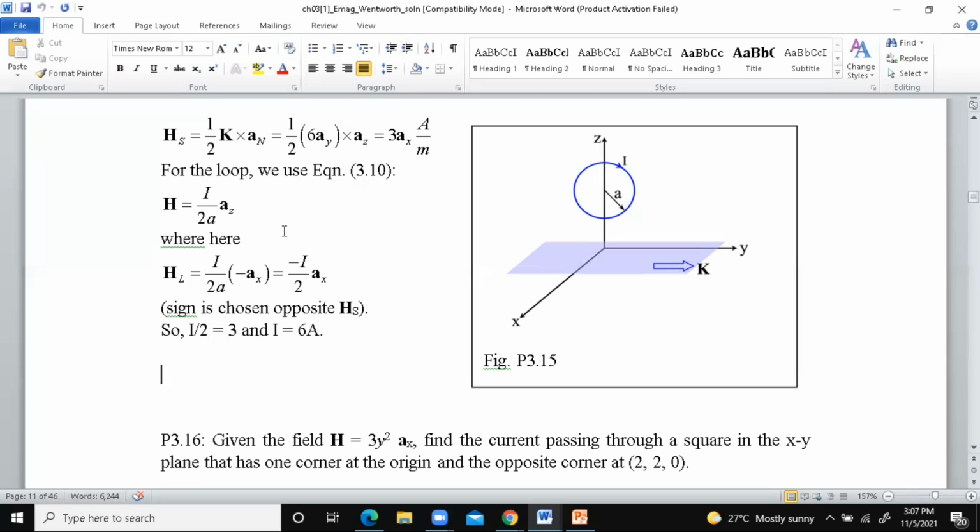Which problem are you doing? P 3.16, sir. You want to know if you could use the magnitude of the squares here, the corners of the squares that we have. But I don't think so.